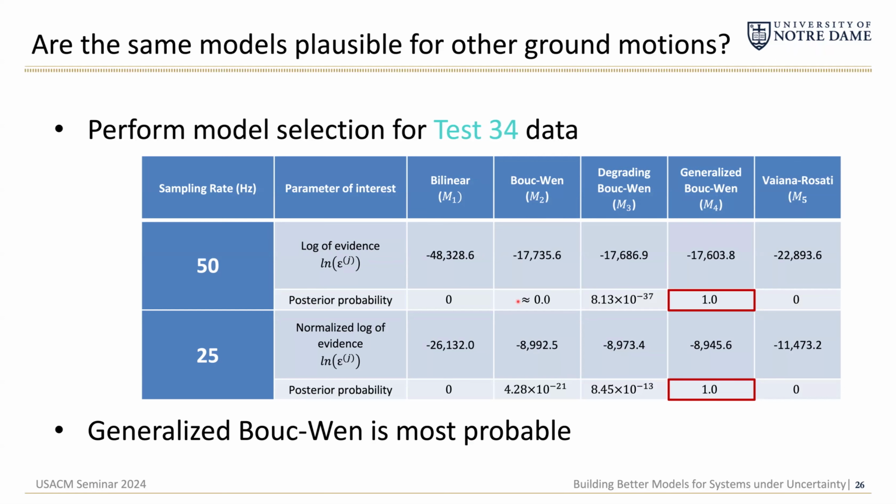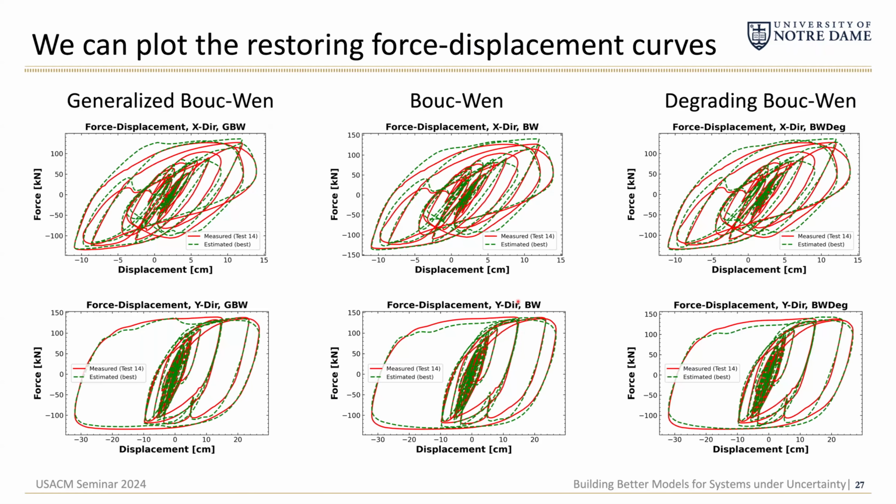And so again, this was sort of a surprise, because if we go back to look at our restoring force plots from this test, again, we have that issue where qualitatively they don't look all that different. And so actually right now, I have my student Reza, whose work constitutes a lot of the slides you're seeing.